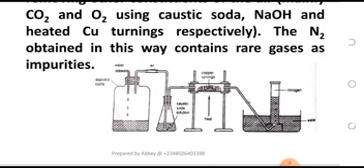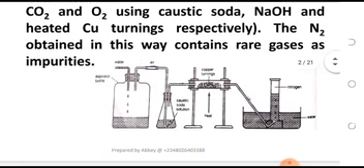It is also collected using upward delivery, because the gas is less dense than air. So take note of that, not just for nitrogen gas alone, but for other gases in chemistry as we continue to learn more.